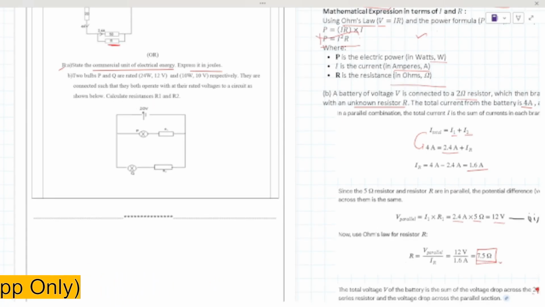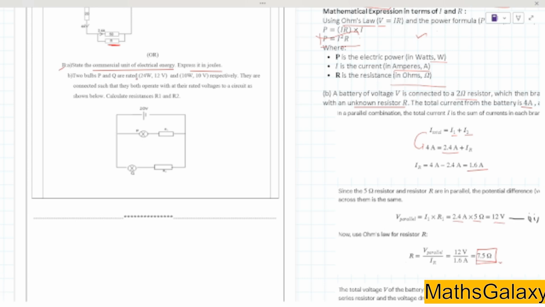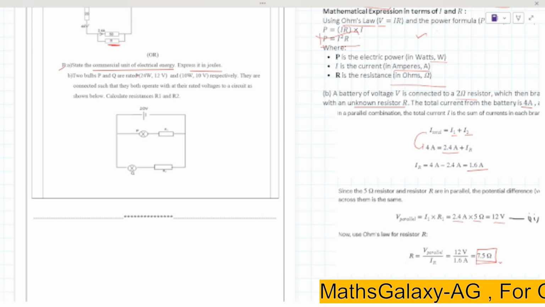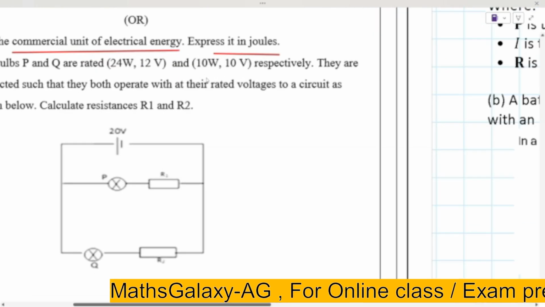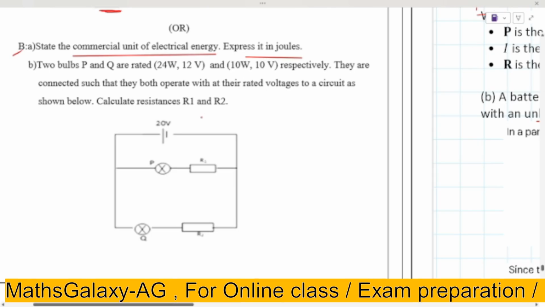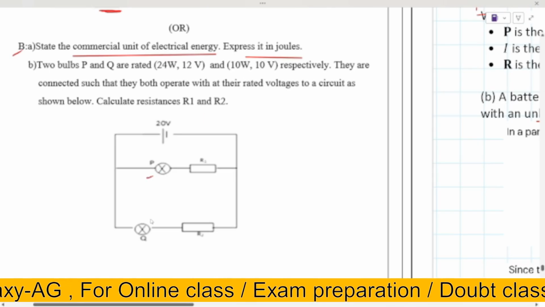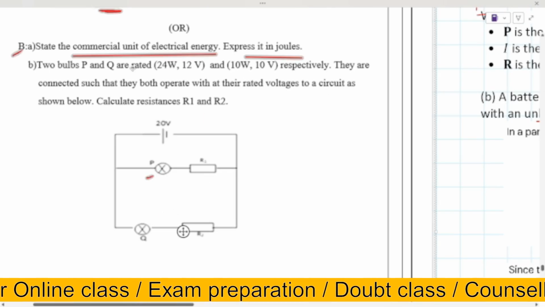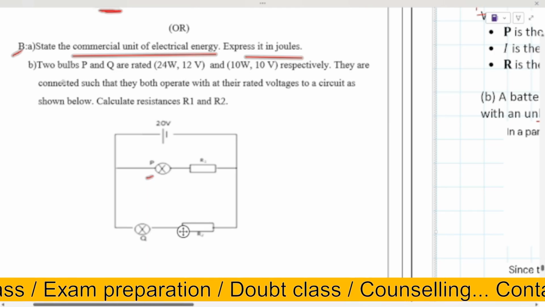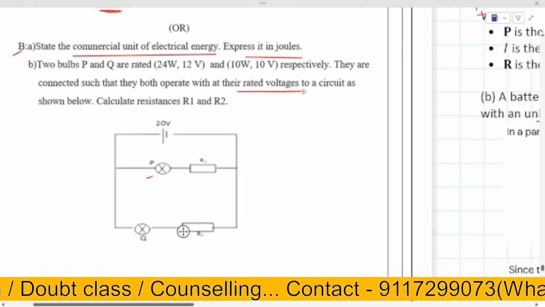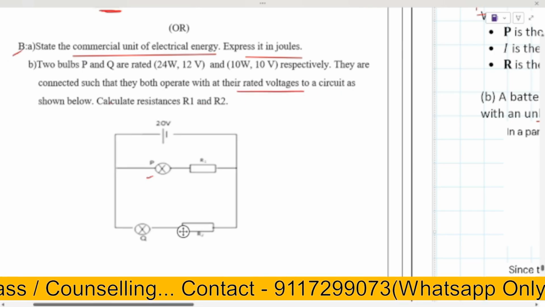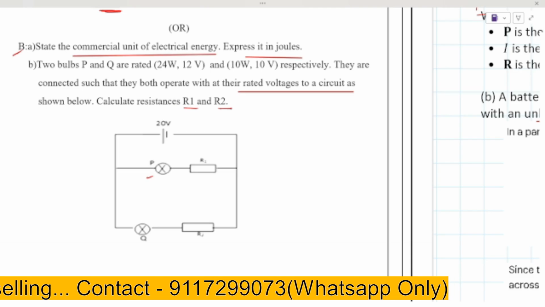Yes. Okay, two bulbs for the second question. Here, the bulbs are rated for power and voltage, 12 volt and 10 volt. They are connected, both at their rated voltage, as shown with R1 and R2.